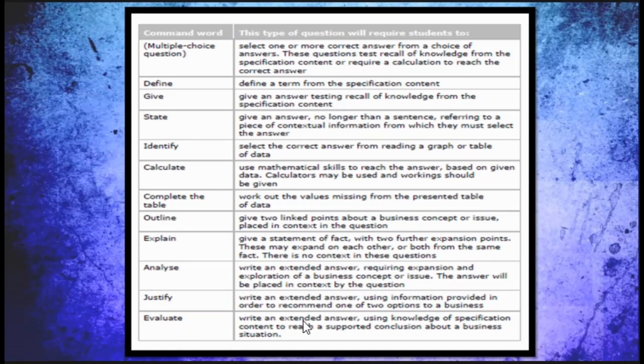Evaluate is writing an extended answer using the knowledge of specification content to reach a supported conclusion about a business situation. So usually when they ask you to evaluate a certain business problem or situation, you will have to give them a conclusion supporting the question with the help of the content which you have studied.